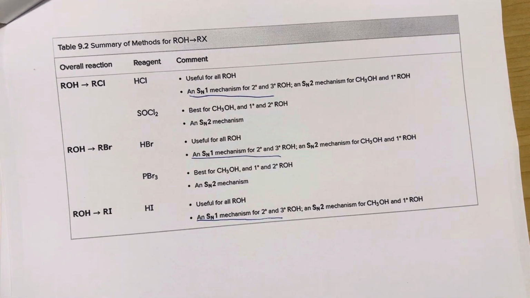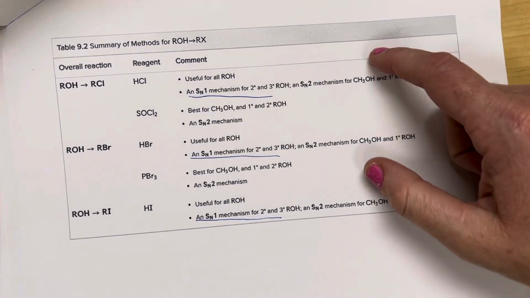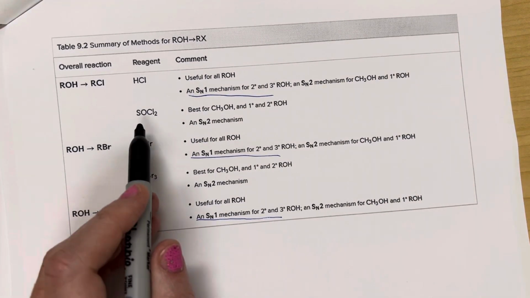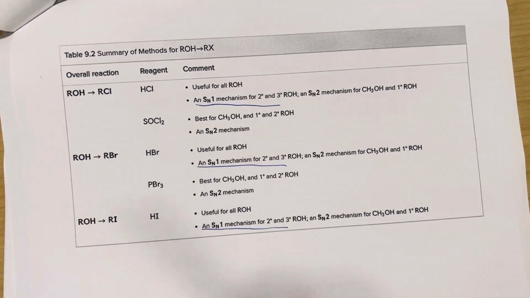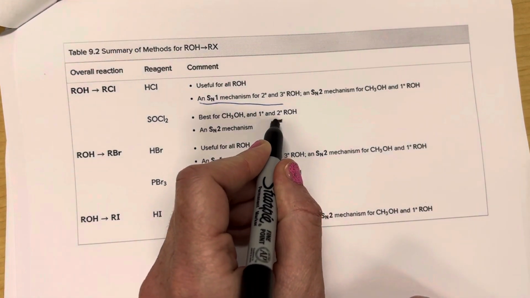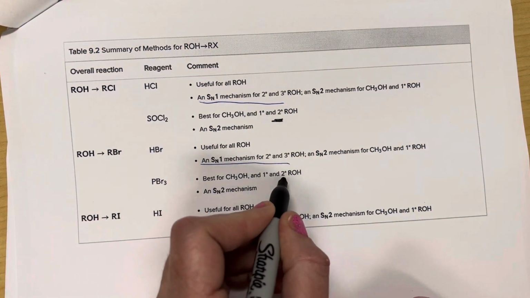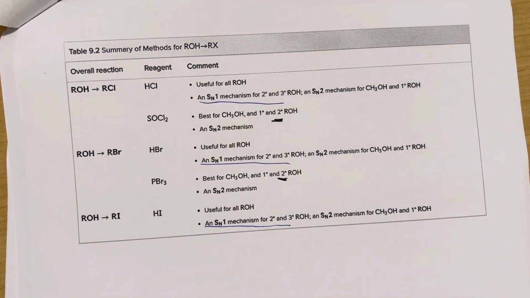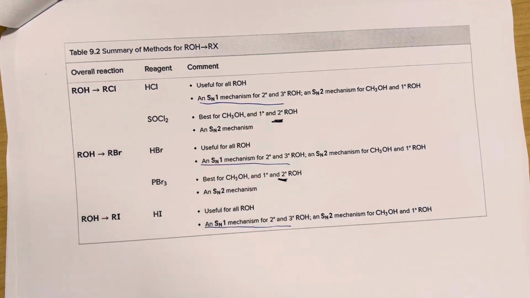But don't forget that there are those exceptions where you can use SOCl2 for primary and secondary, and PBr3 for primary and secondary. They didn't include the zinc chloride on here, I'm surprised, but zinc chloride would work very similar to this one right here.